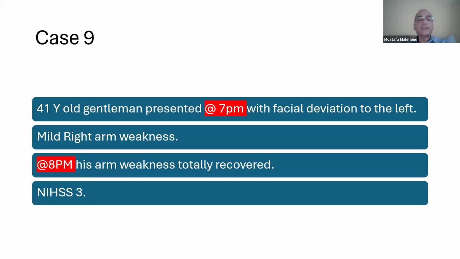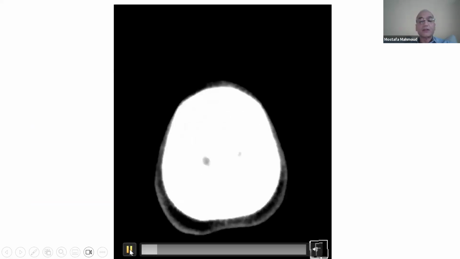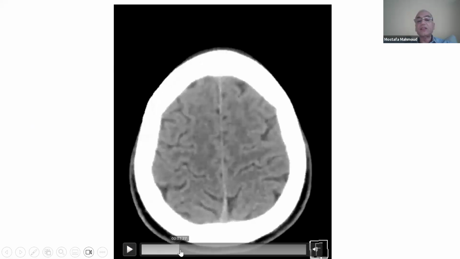Last case, a 41-year-old gentleman, presented at 7 p.m., facial deviation to the left, mild right arm weakness. At 8 p.m., his arm weakness totally recovered. NIH 3. Here is the CT.